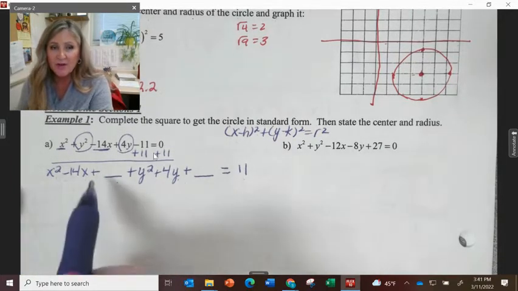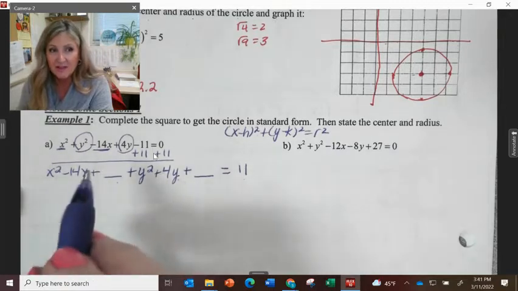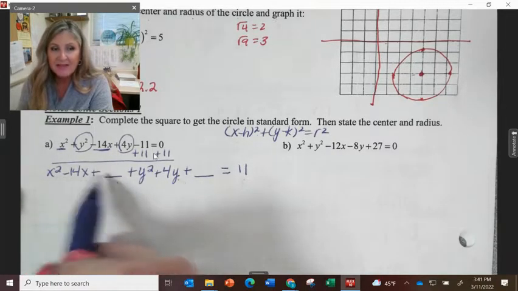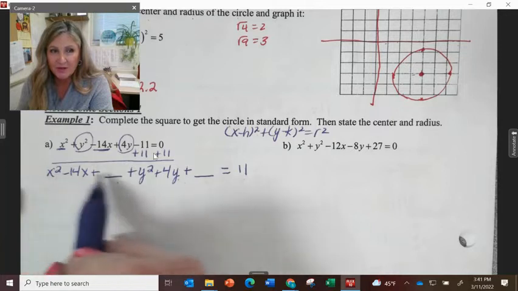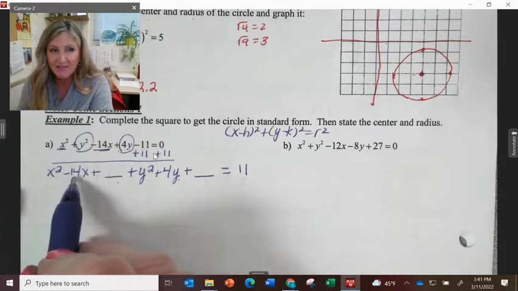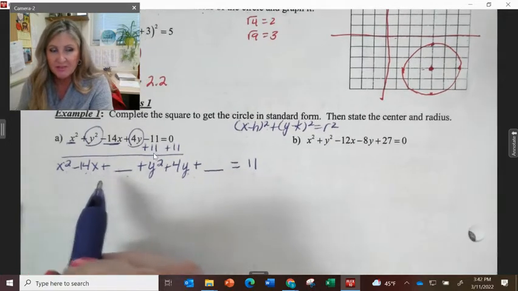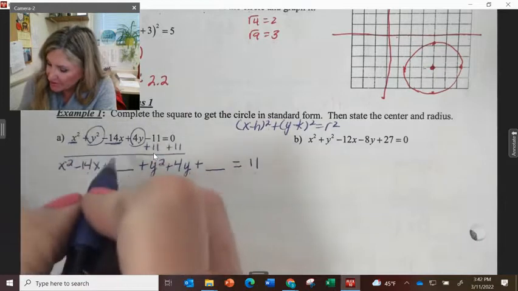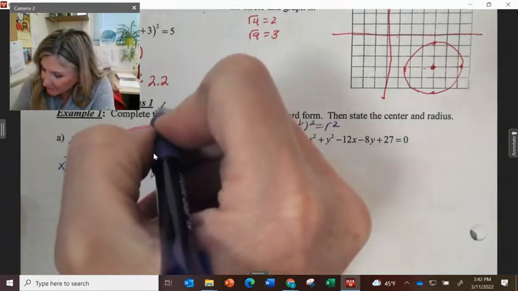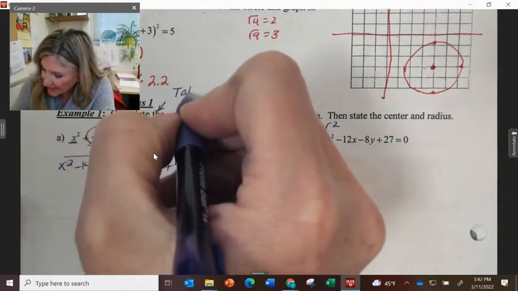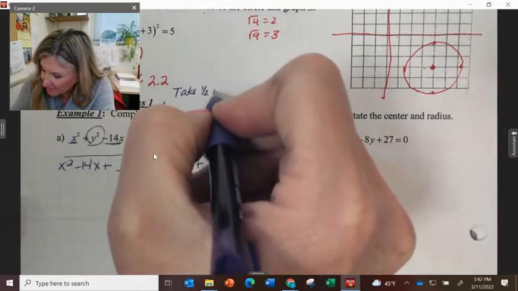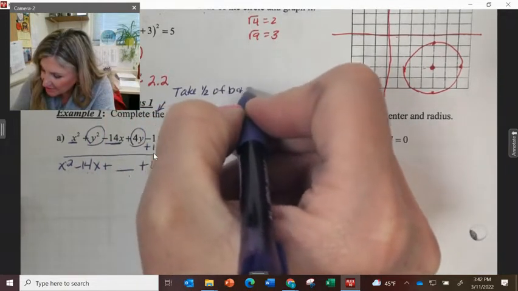So what we're going to do now is complete the square. To make this a perfect square trinomial, I have to take half of this and square it. We did this earlier in the year. We completed the square to solve equations, but this is going to be a little bit different. To complete the square, you're going to take half of b and square it.